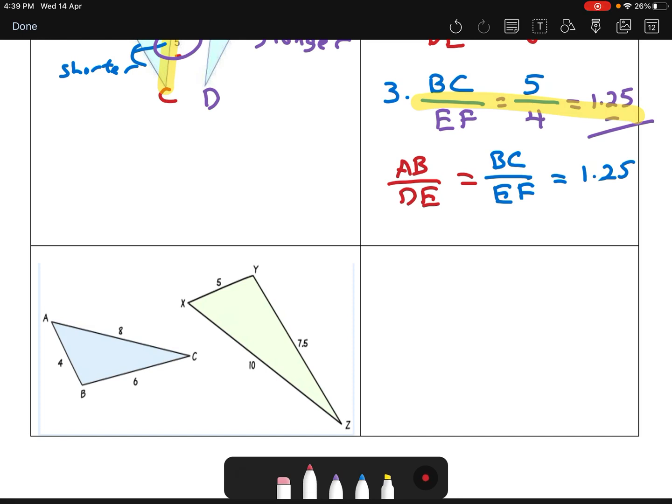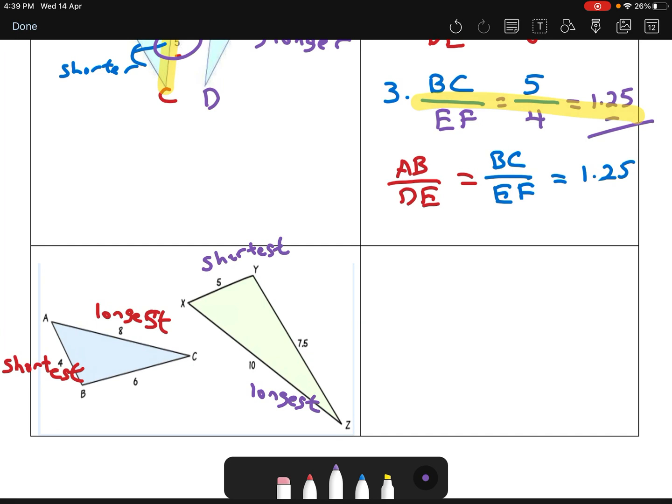Take a look at triangle ABC. The shortest is this, and the longest is your 8. For XYZ, XZ is the longest length, and the shortest will be your XY.